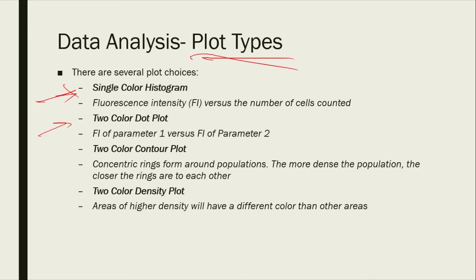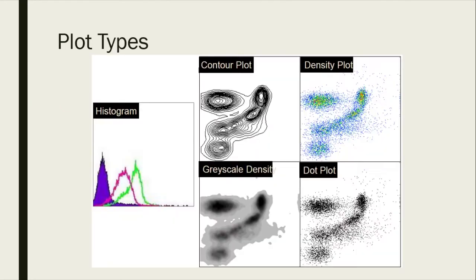And then you can have two colors, when you have different types of antibody linked to different types of fluorochrome or fluorescent molecule, then it can tell the different populations: do they carry one antigen, so they bind to one antibody, or do they carry two antigens, so they bind to two different types of antibodies, right? So all these two colors can be plotted into a dot plot, contour plot, or density plot, which we're going to see in the next slide.